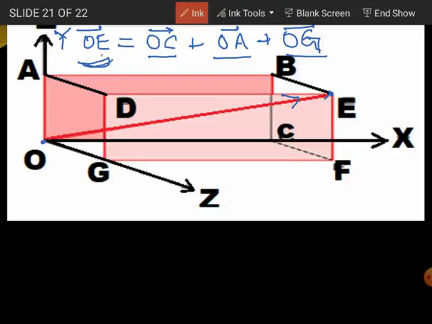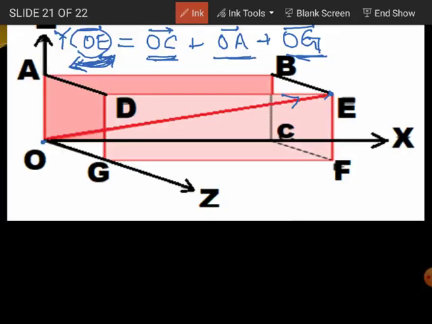The sum of these three vectors gives you this single vector, which is known as the resultant vector of these three vectors. And on the other hand, if a vector can be represented as the sum of two or more vectors, then those vectors are known as components of the given vector.